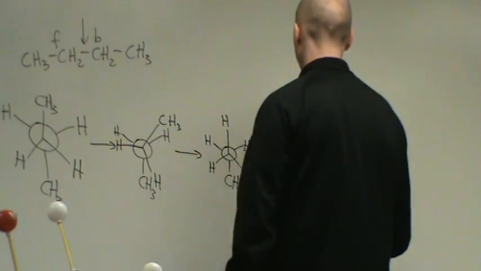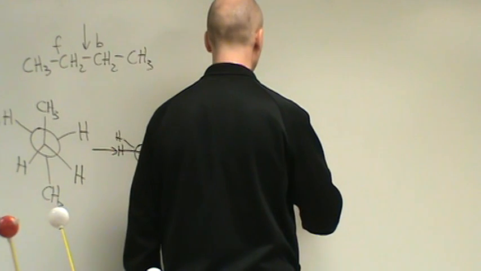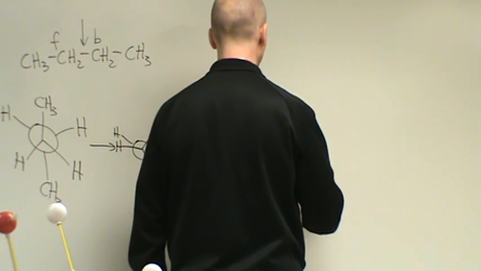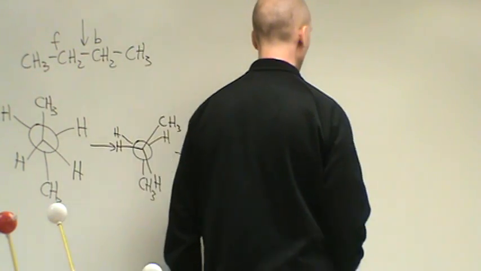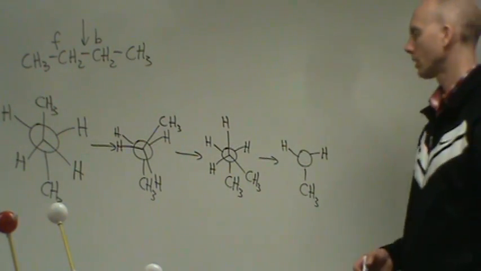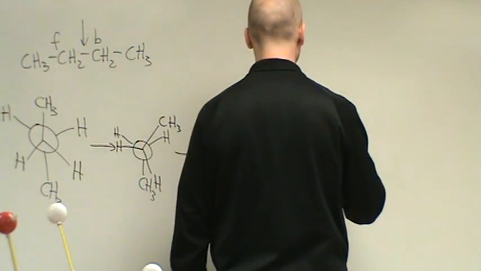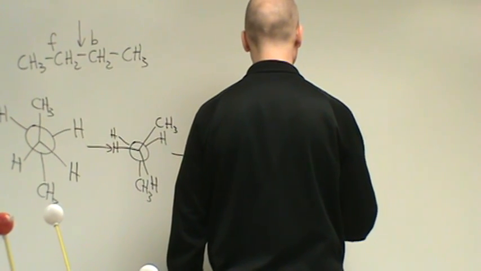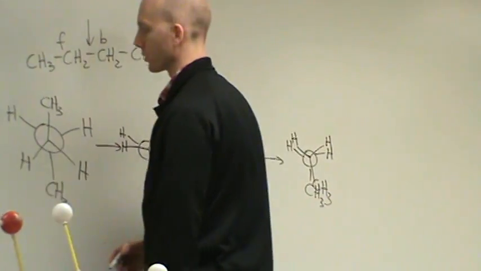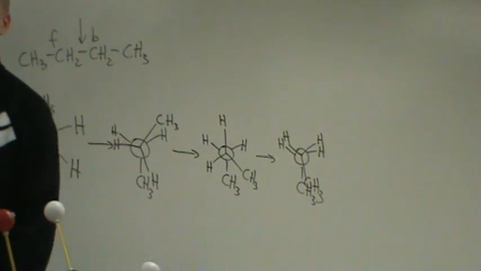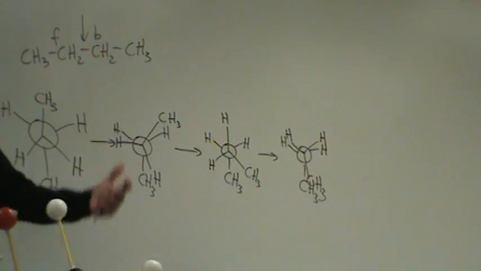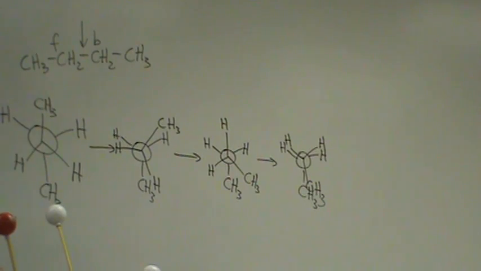So let's continue to rotate 60 degrees. Again, the back carbon doesn't change. And now, making these things eclipsed, it's a little messy here, but we will do our best to get something like that. So now those two CH3s are right on top of each other.